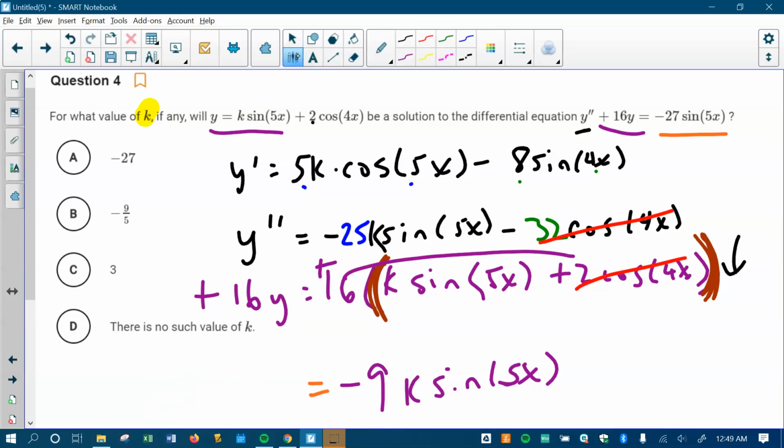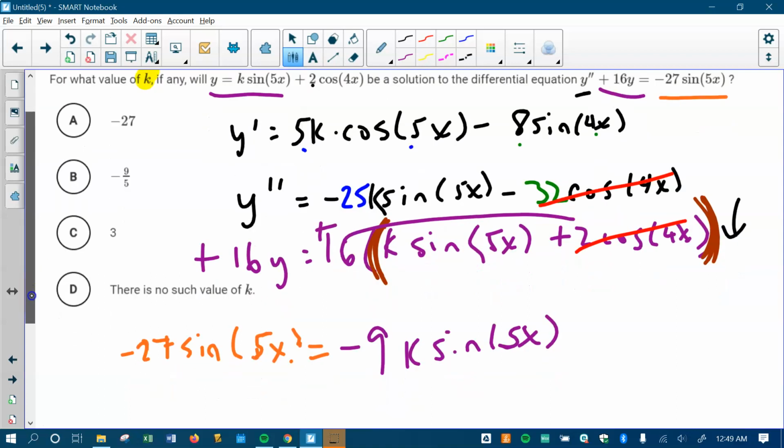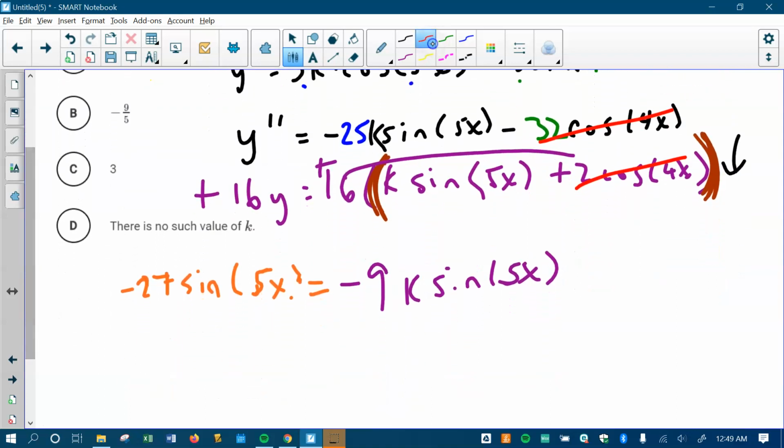Glad this is only 5 problems long. All right. Since we have sine 5x's on both sides, they cancel. And that gives us k is 3.